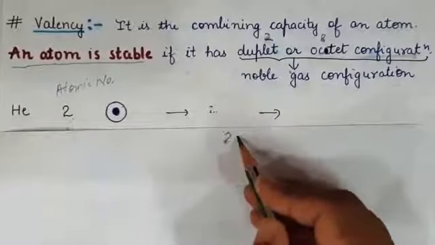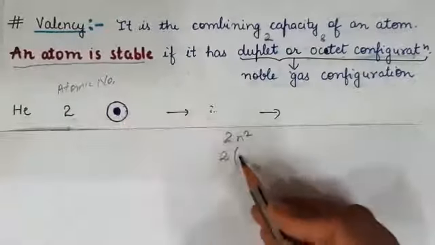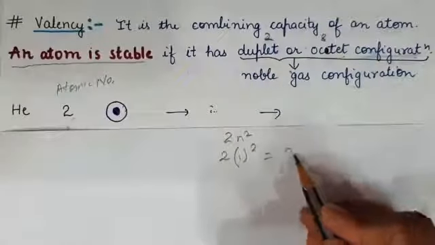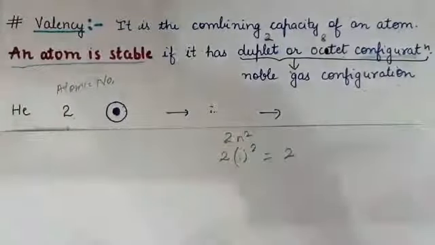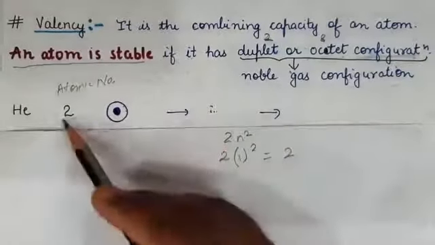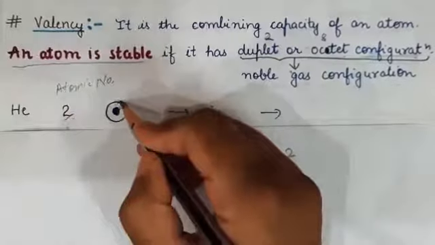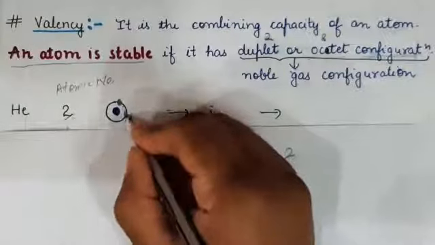It is given by the 2n square rule. So 2 into n, n is 1, first shell, so it will be 2. In the first shell, a maximum of 2 electrons can be filled. So there are only 2 electrons we need to fill. We have filled, this is the first electron, this is the second electron.